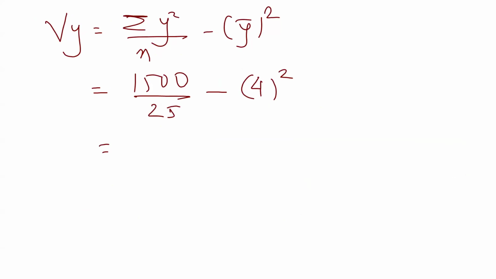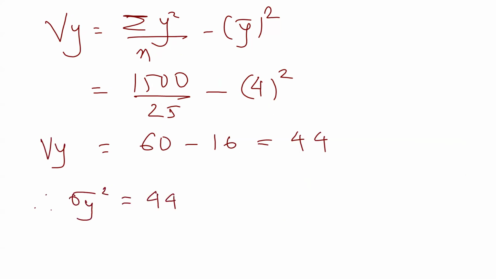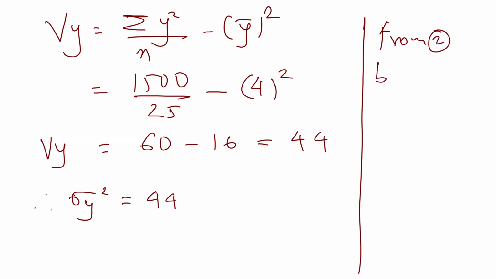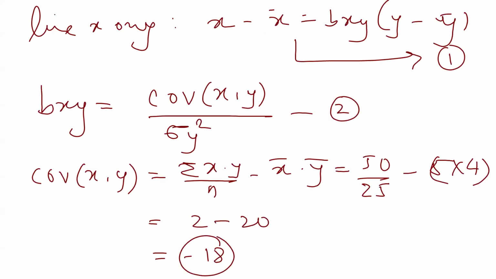So 1500 divided by 25, answer is 60, minus 16, that is equal to 44. This is variance of y, which itself is standard deviation of y square, 44. So from equation number 2, bxy: the covariance value is minus 18 and standard deviation square is 44.